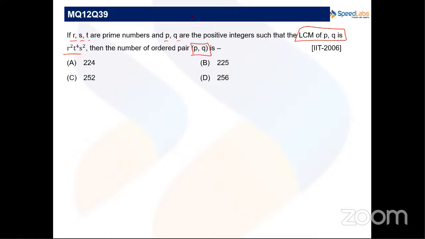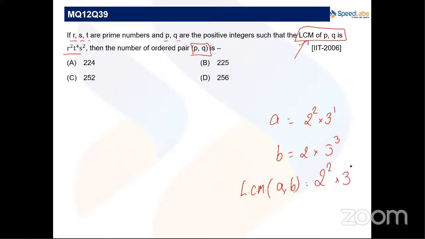So what is the basic concept of LCM? If I say, let's say if I am having some A, that is 2 square into 3 to the power 1, and B we are having 2 into 3 to the power 3. So what will be the LCM of AB or this ordered pair LCM? 2 square 3 cube.